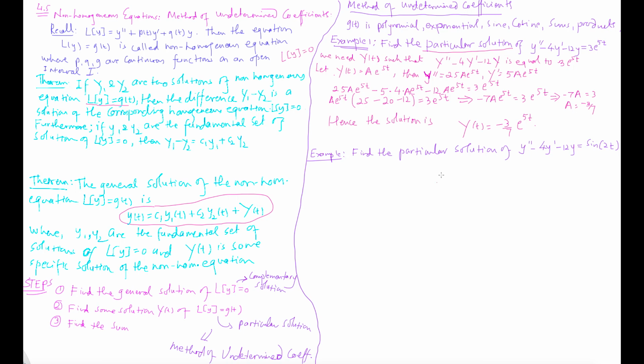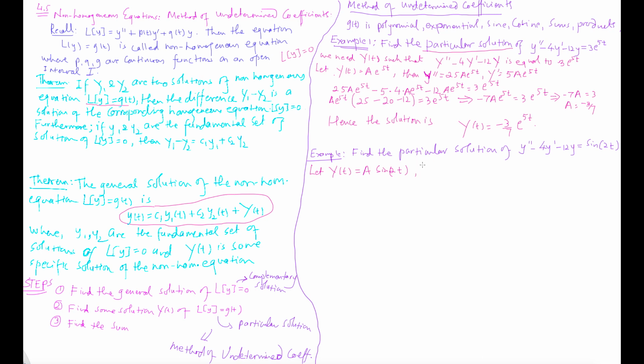In this example, I would assume that the solution is some sort of function of sine 2t. Let y(t) equal a sine 2t, and then I'll find the first derivative and second derivative and plug them in, right?